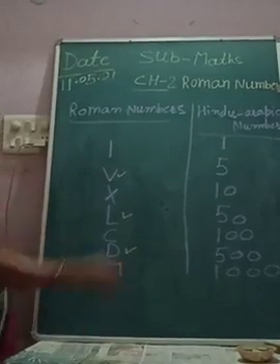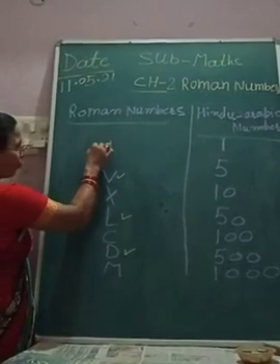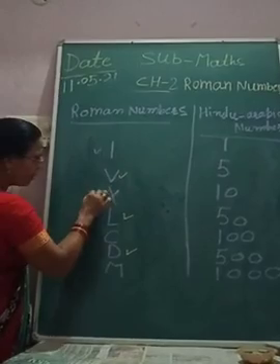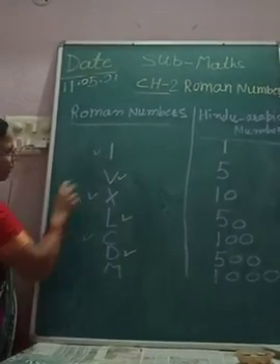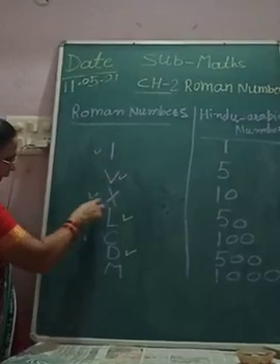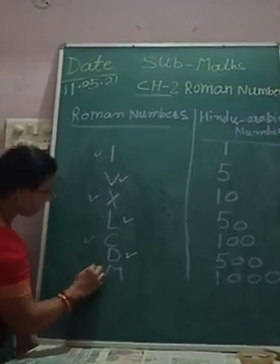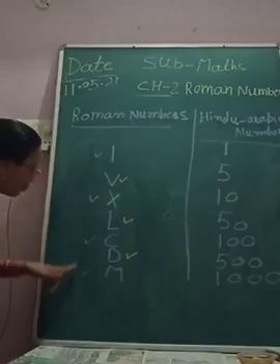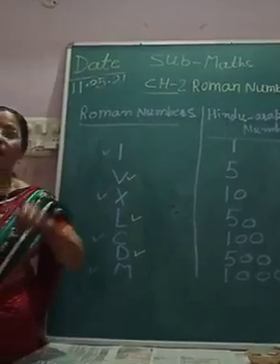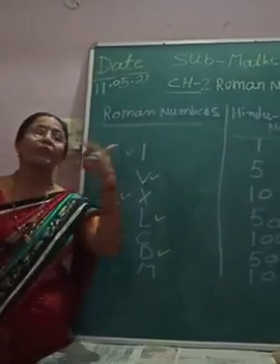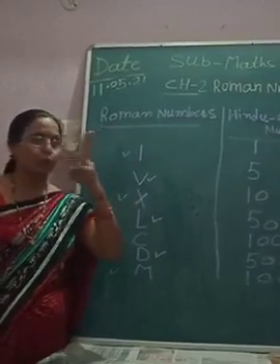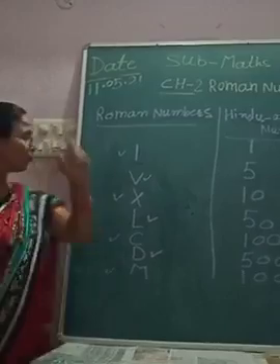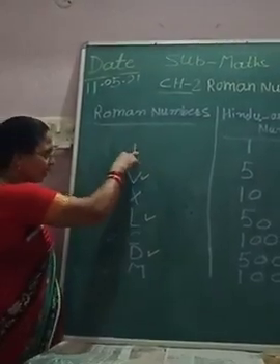So in this, only 1, 10, 100 and 1000, that is I, X, C and M. Only these 4 symbols we can repeat or add. But how many times? Only 3 times, not more than 3 times.